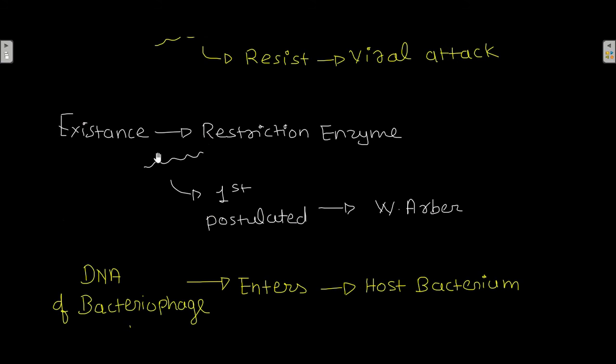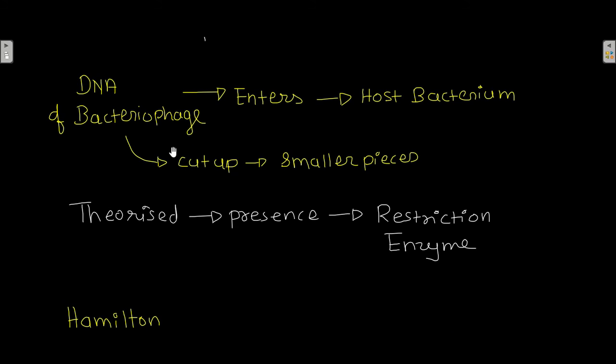Now, the existence of restriction enzymes was first postulated by W. Arber. This scientist first postulated the existence of restriction enzymes. He observed that when the DNA of a bacteriophage enters the host bacterium, that DNA of the bacteriophage is cut up into smaller pieces.